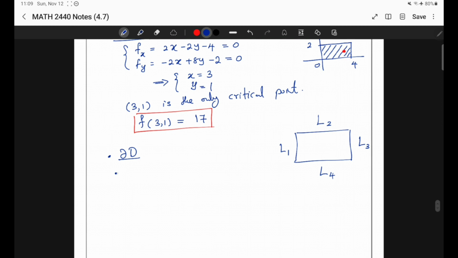Now after critical points, we are going to take care of the boundary points. First, let's take care of L1. Now remember, the corners are (0, 0), (4, 0), (4, 2), and (0, 2). To get L1, you plug in x equals 0 and y is in between 0 and 2.